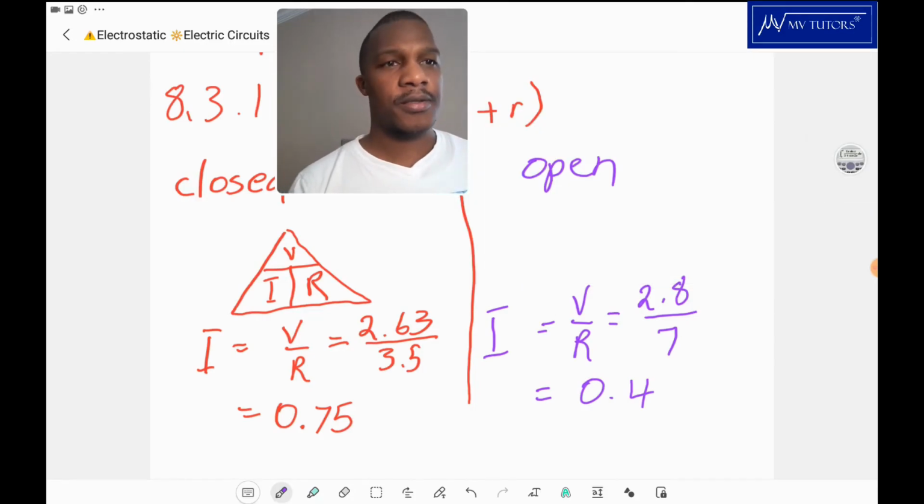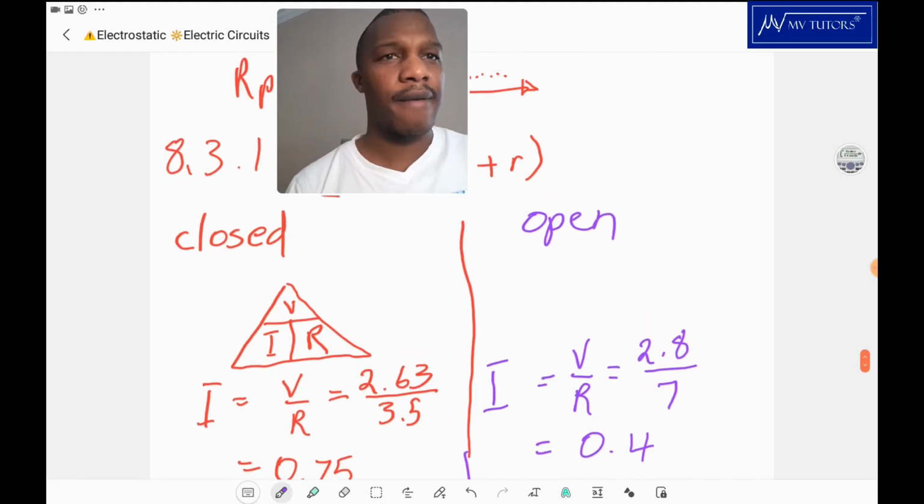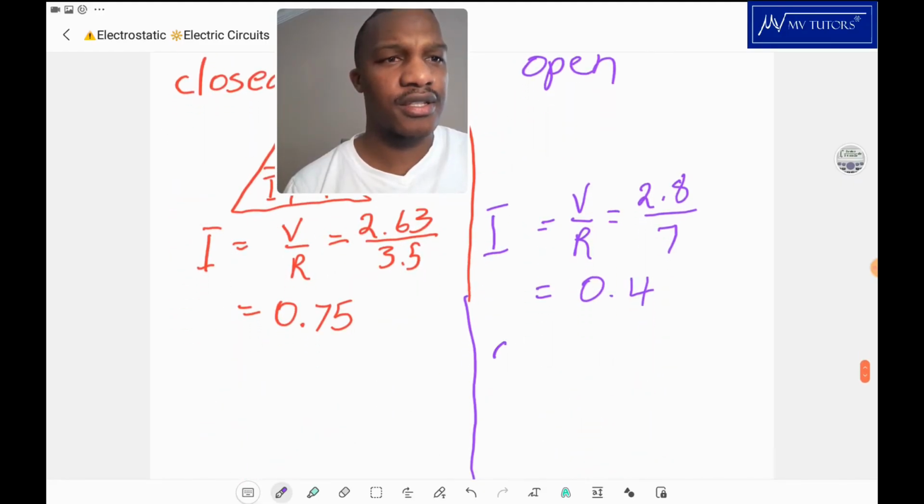All right, so let us continue. Let's continue this side. Now our EMF equation is such that we have I, let me just rewrite it, I times big R plus small r.